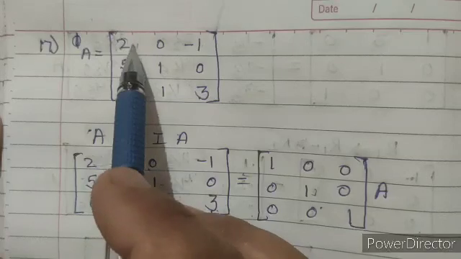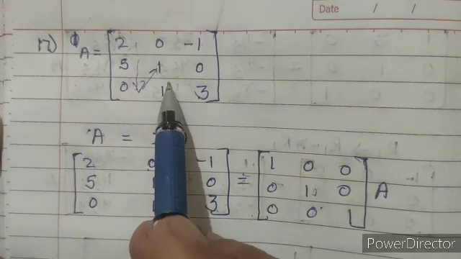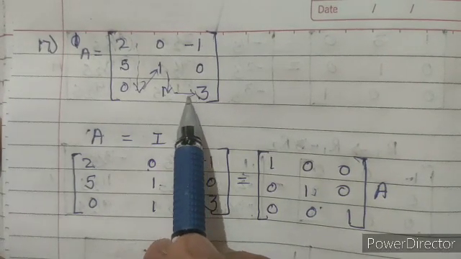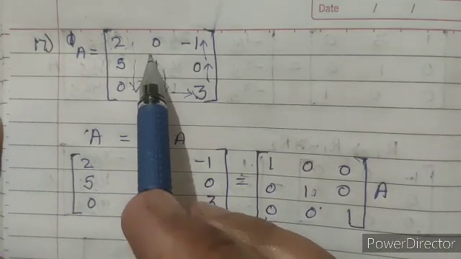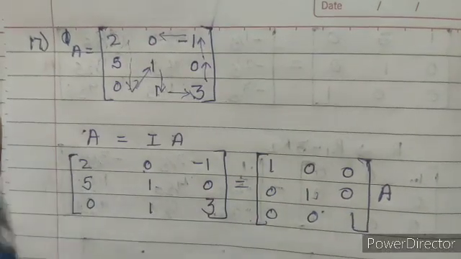First of all, we'll convert this element, then this one, and then we will convert the middle element, then second element of the third row, third element of the third row, the third element of the second row, then third element of the first row, and then at last second element of the first row.